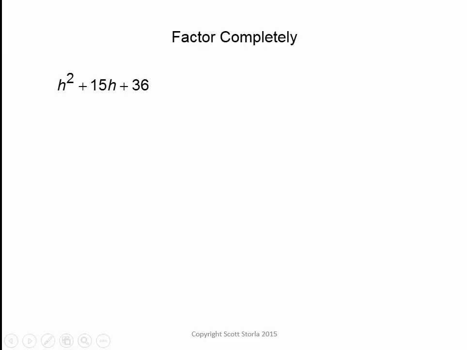First, I need to find the product AC. In this case, it's 1 times 36, which is 36. And I notice the value of B is 15. Next, I have to generate all factor pairs of 36, and I do that using the prime factored form.